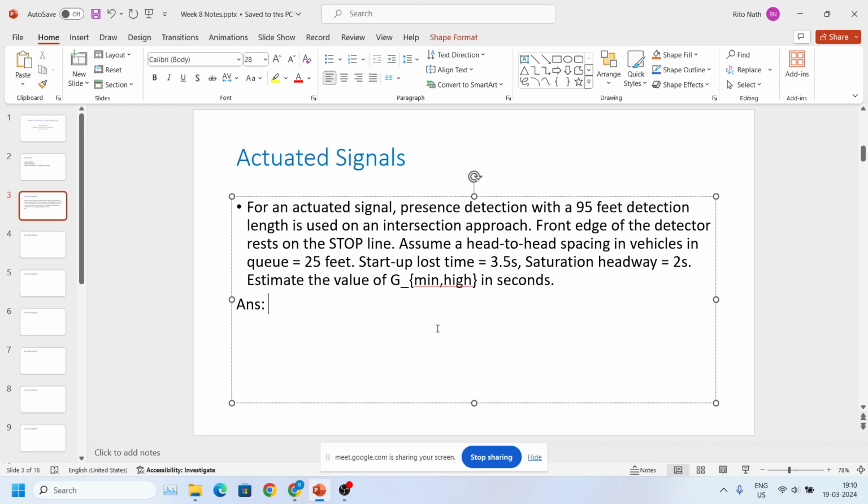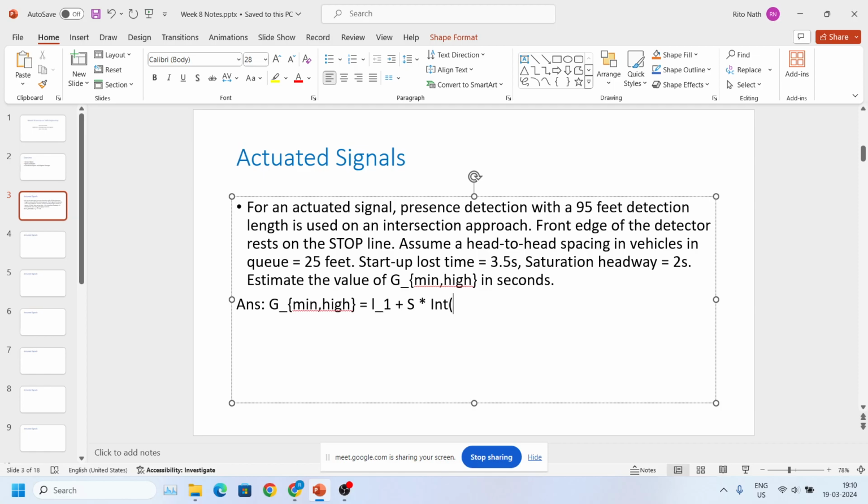So here the formula for G min high is L1, which is the startup loss time, plus the saturation headway, which you can write as S, times the integer part of this.